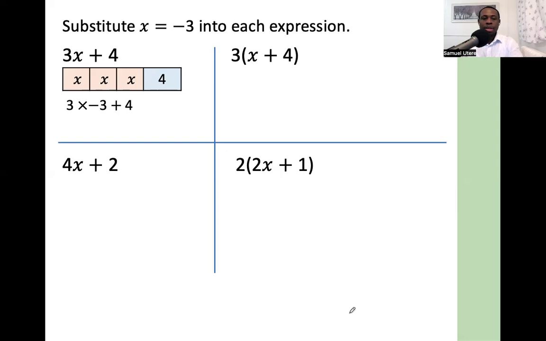That means 3 times negative 3 add 4. Why? Remember, in algebra, 3x means 3 times x.